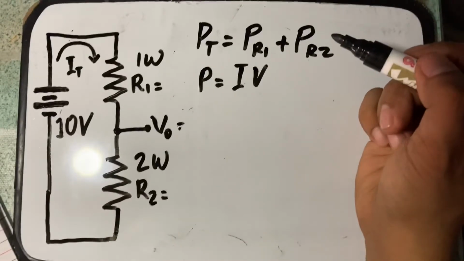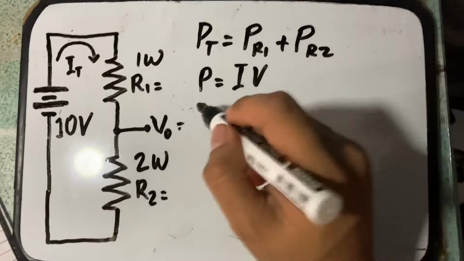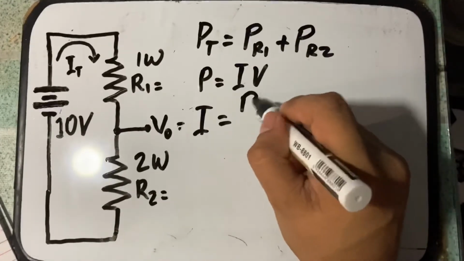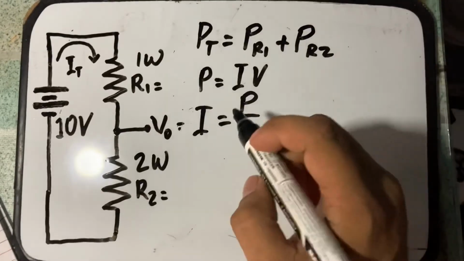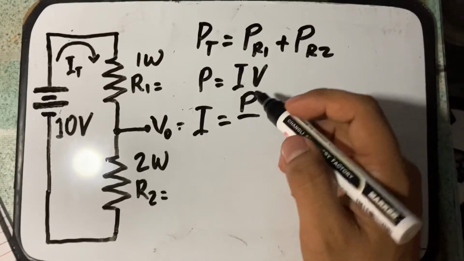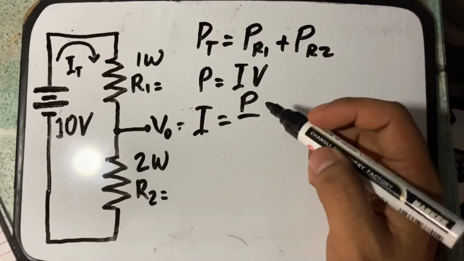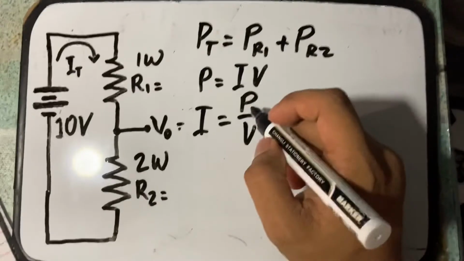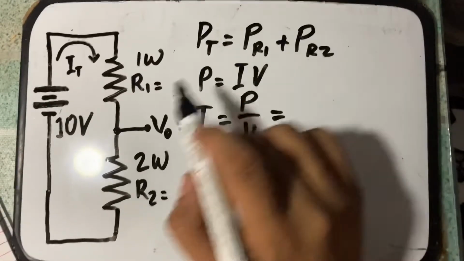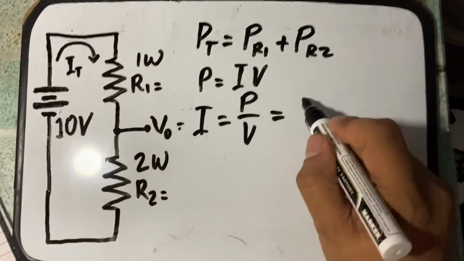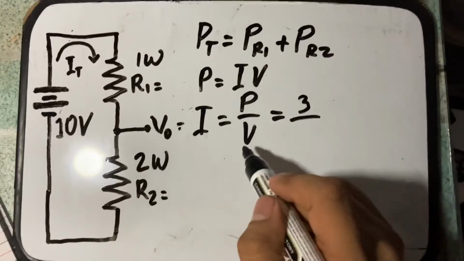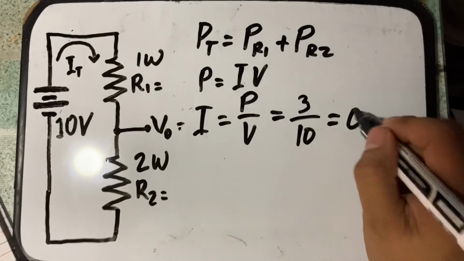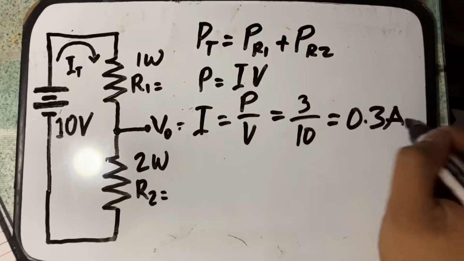So given naman yung V at power, so we can compute for the I, which is P over V. Is equal to yung total power natin 3 watts, 1 plus 2, over 10 volts, so equal to 0.3 amperes.